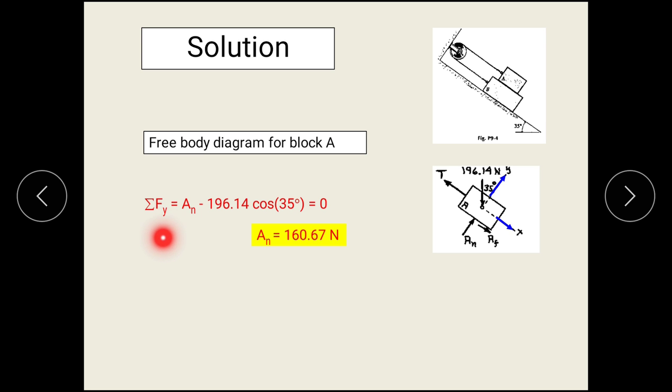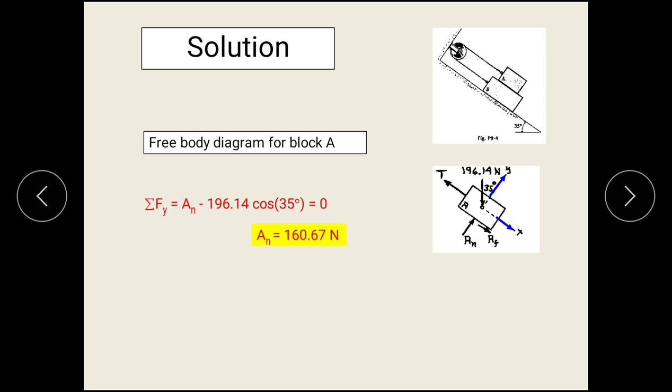Summation of all the forces acting in the y direction should be equal to 0. Here the normal reaction force, this is block A, so it is considered as AN, normal reaction force AN, minus the self weight of the body acting in the downward direction, so 196.14. Usually it is given in the question, 20 kg multiplied with gravitational acceleration gives 196.14.